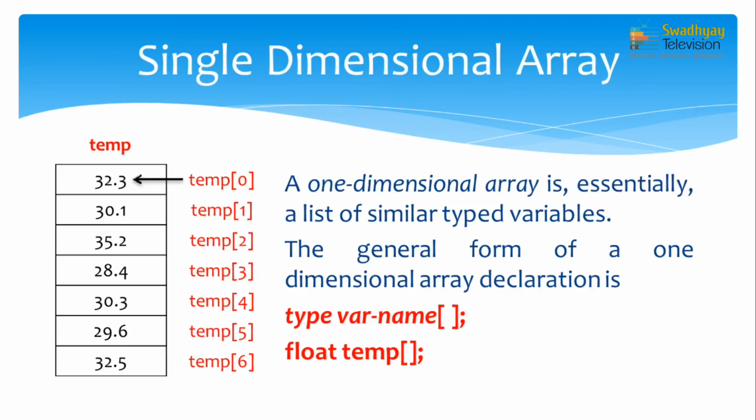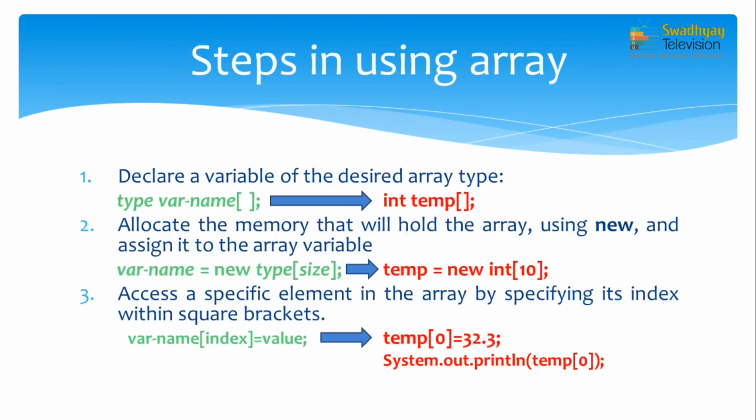So, initially float temp is declared as an array, but it does not contain anything. Now, how to allocate memory for an array and how to store data or access elements of the array, that we see next. So, basically there are 3 steps in using an array.